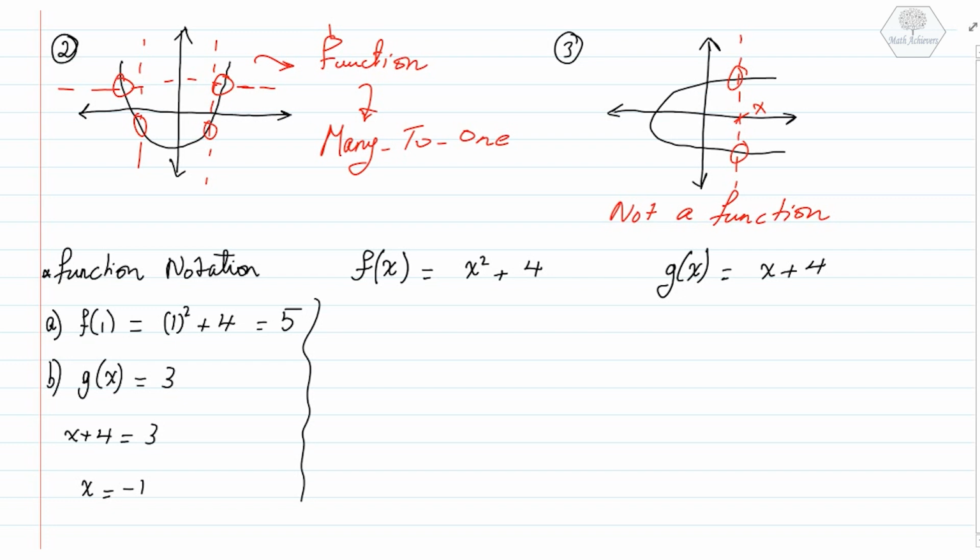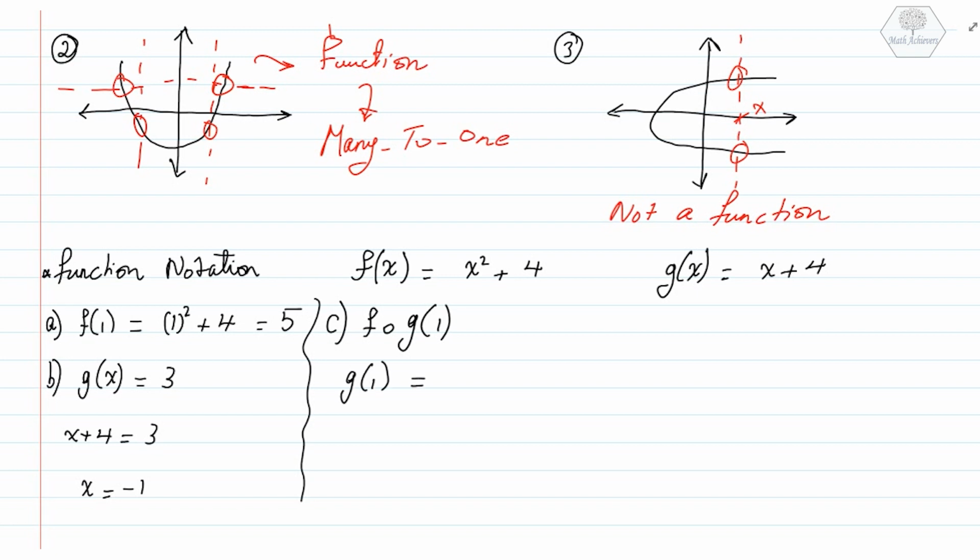For composite functions, let's say I want f of g of 1. This is a function for g of 1 inside the f of x. So the first step, I need to find g of 1.